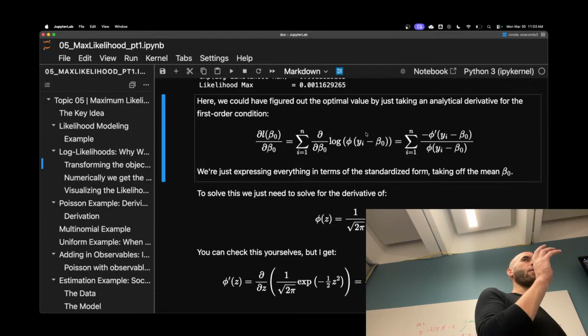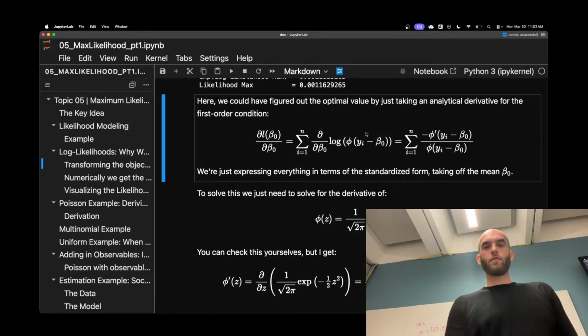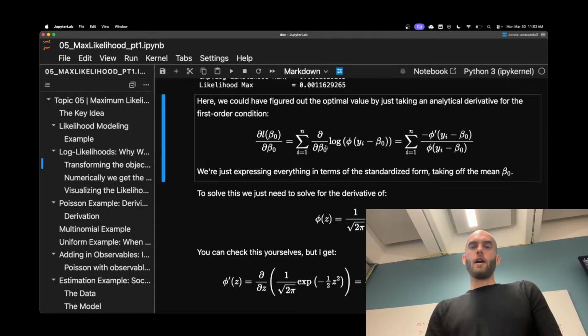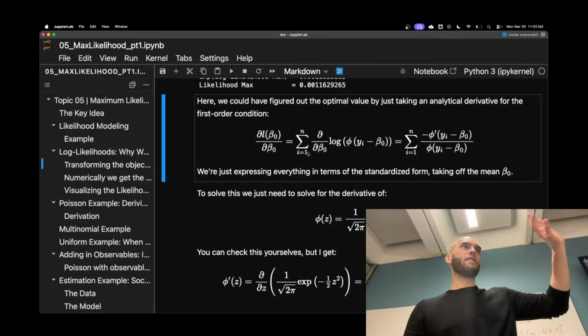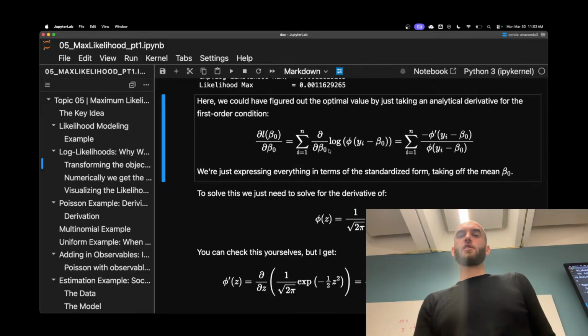We've specified that we believe our data is coming from a normal distribution. We just don't know where it's centered, which looks like this. So first derivative of each of the individual summed values, right? This is the summation. We bring the derivative inside the summation, gives us the sum of the slopes of each of these things.